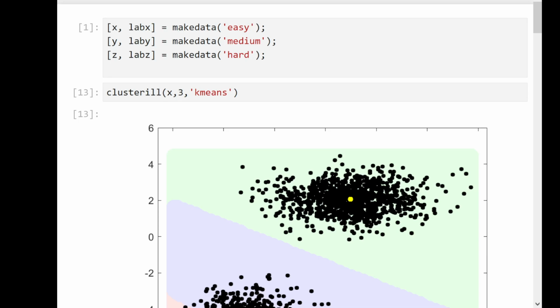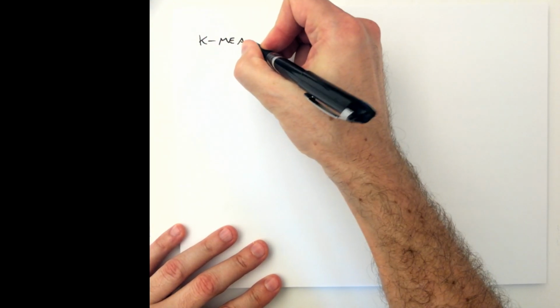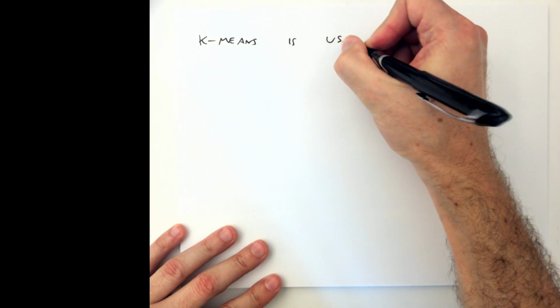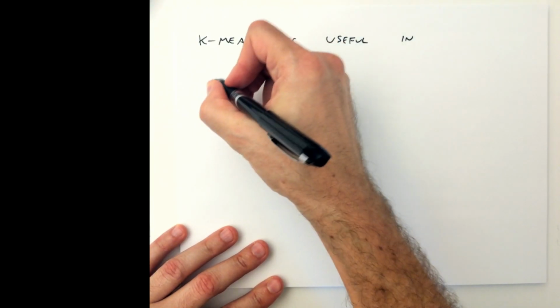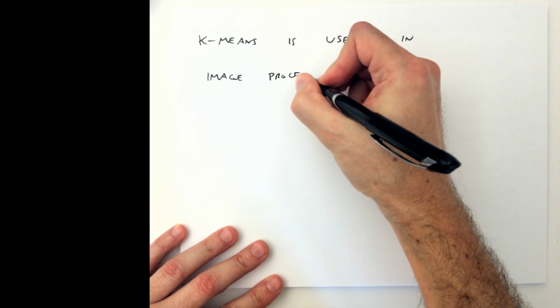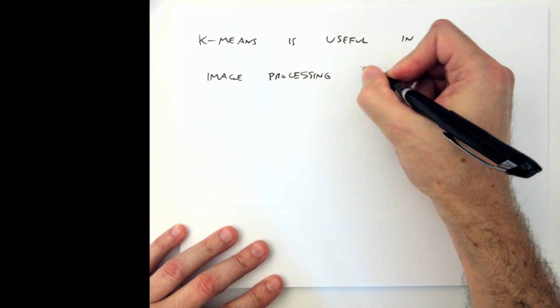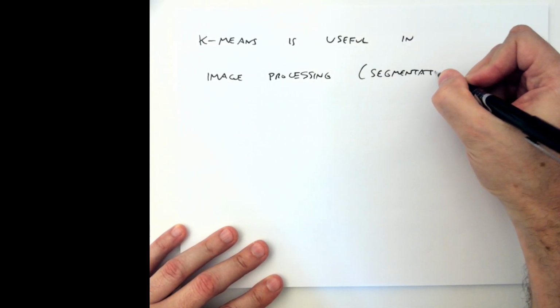So before I forget, let me just write down what I said earlier, which is that k-means clustering is useful in image processing as a means for segmentation.